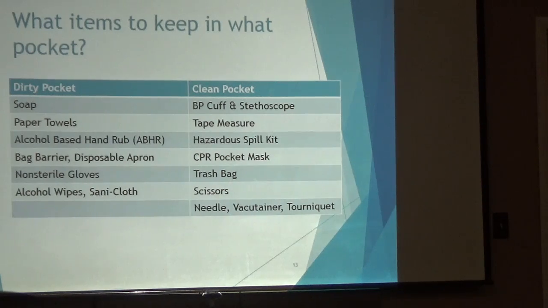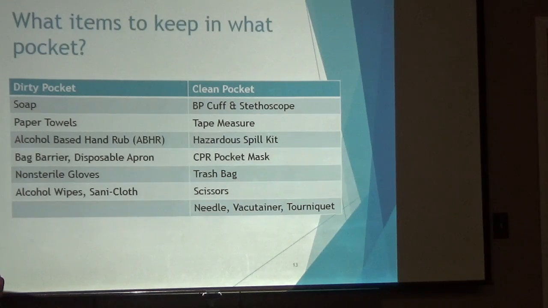And then in the clean pocket, your craft materials, your BP cuff, your stethoscope, tape measure, spill kit if you have that, a CPR pocket mask, a trash bag, scissors, needle disposal container, and tourniquet.